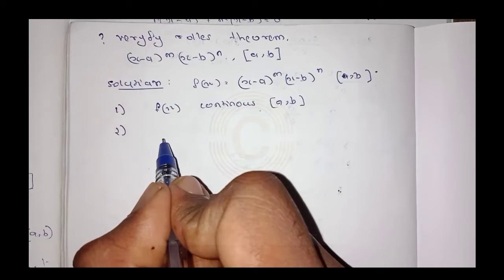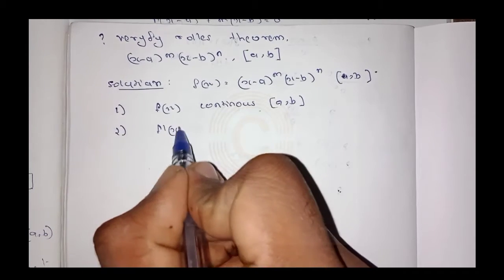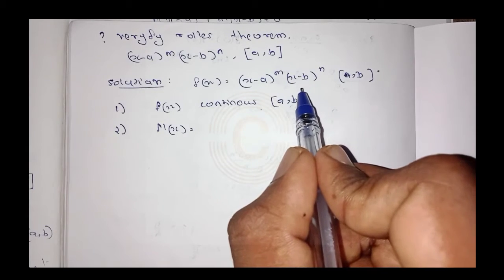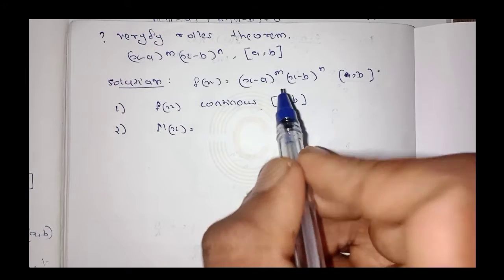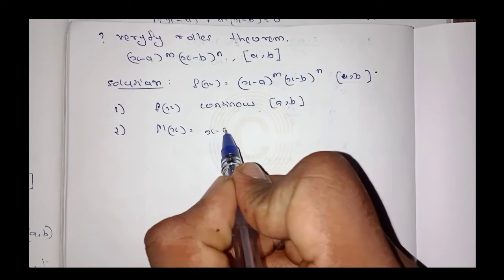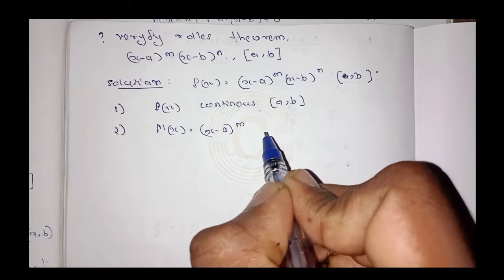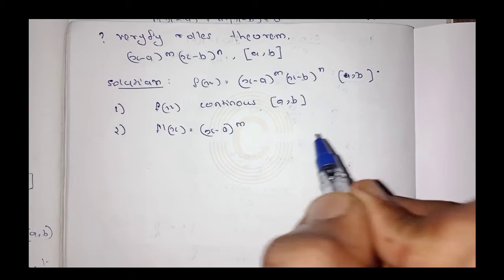In step 2, we want to find f dash of x. Here two functions exist, so we can use the product rule to find the derivative of f of x. By product rule, (x minus a) raised to m, that is the first function, into the derivative of the second, plus the second function into the derivative of the first.